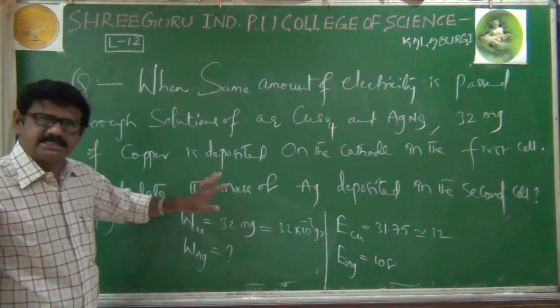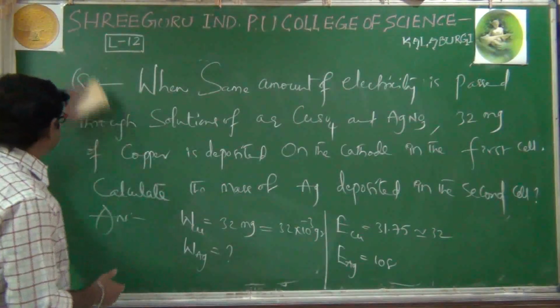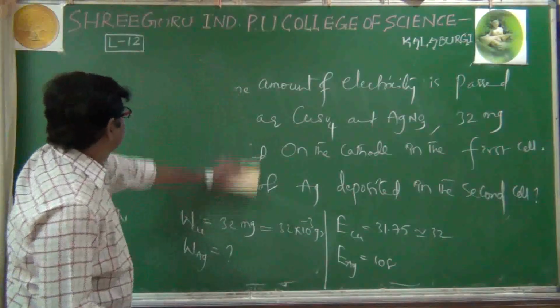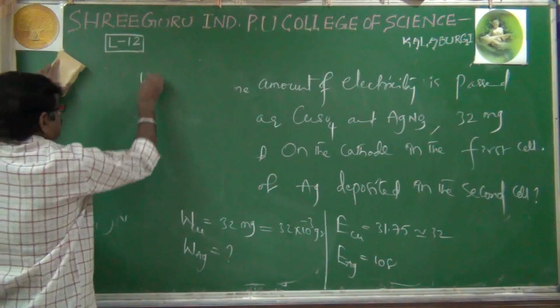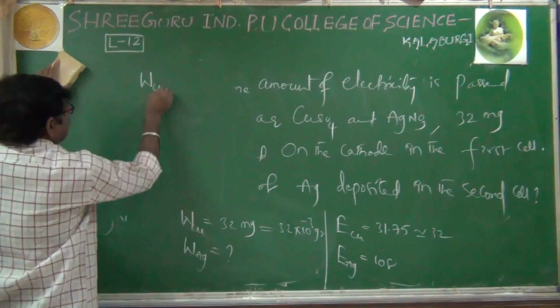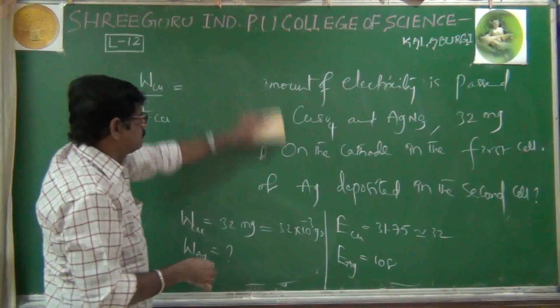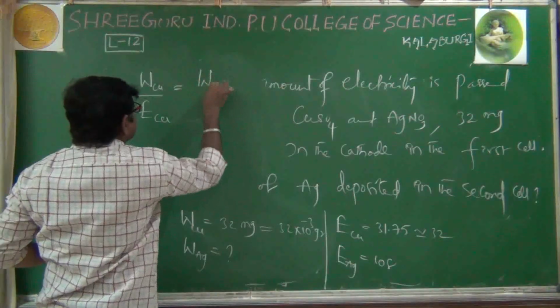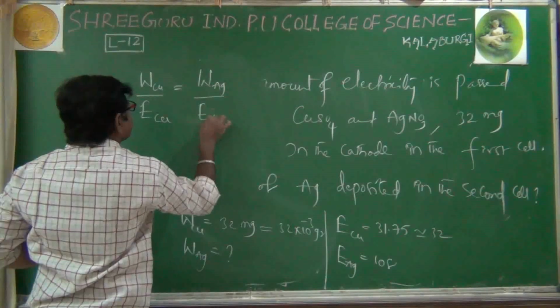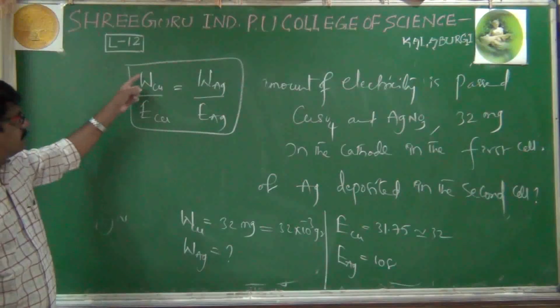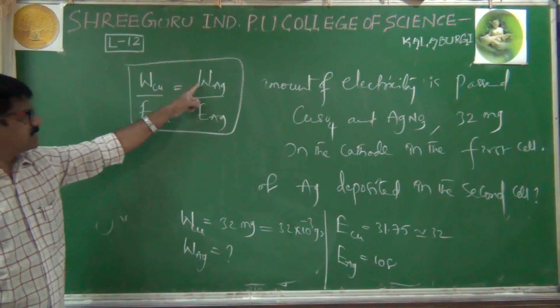Now we'll select the appropriate formula. The formula is: mass of copper divided by equivalent mass of copper equals mass of silver divided by equivalent mass of silver, just like W1 by E1 equals W2 by E2.